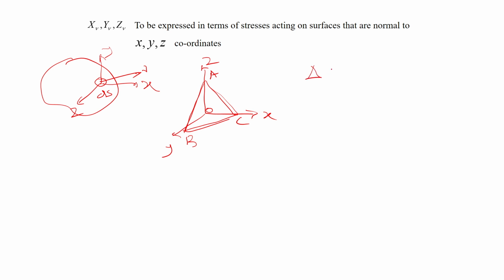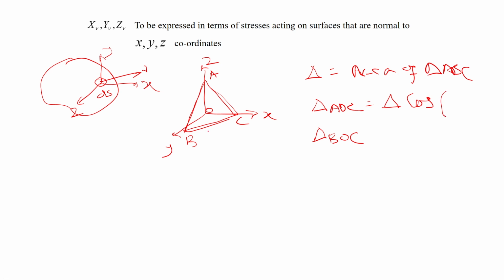Now the area of ABC is given by delta, the area of the triangle, plane ABC. Like that we have the plane AOC, the area AOC, and then the areas BOC and AOB. The area of AOC can be represented as delta into cos of y nu, since AOC is perpendicular to the y axis.